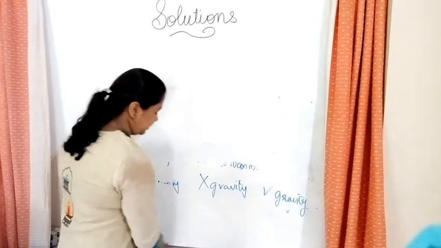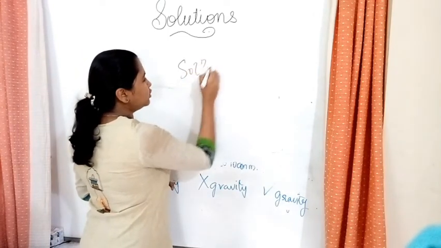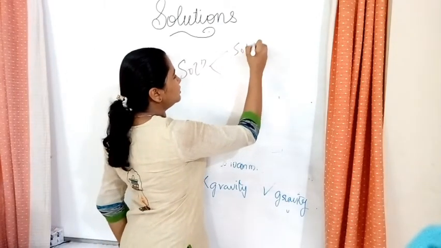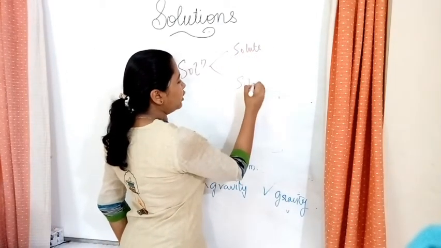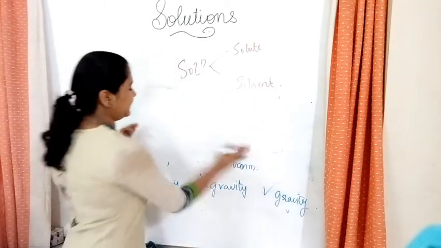A solution has 2 components. They are called solute and solvent. Now let's take an example.